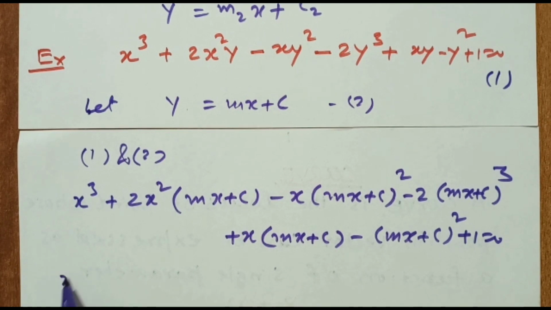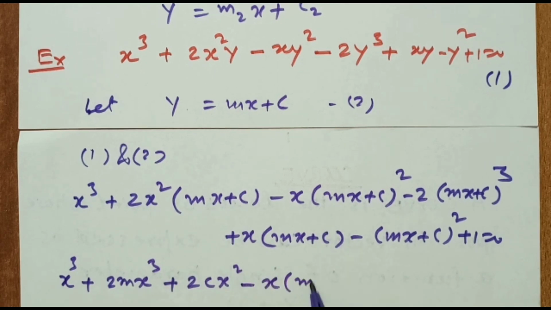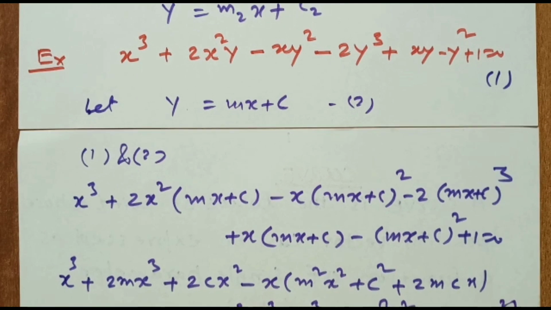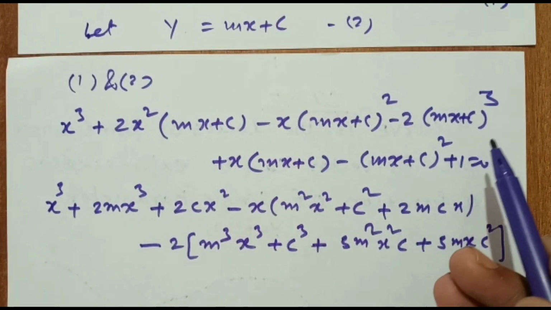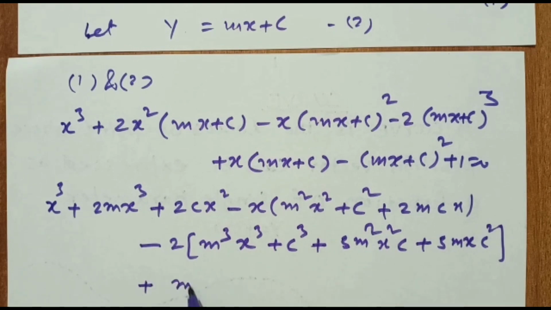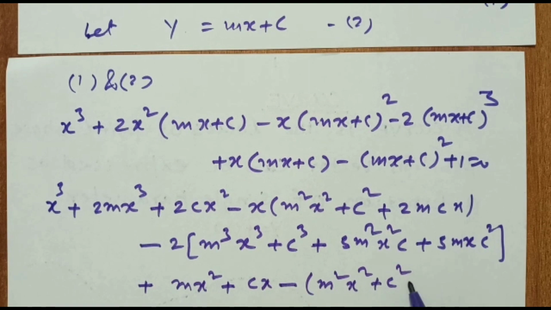So here x cube plus 2m x cube plus 2c x square minus x (m square x square plus c square plus 2mcx) minus 2 (m cube x cube plus c cube plus 3 m square x square c plus 3 m x c square), by the formula of (a plus b) whole cube. Plus m x square plus c x minus (m square x square plus c square plus 2mxc) plus 1 equal to 0.